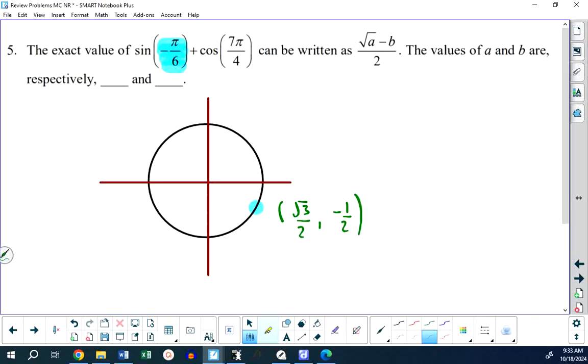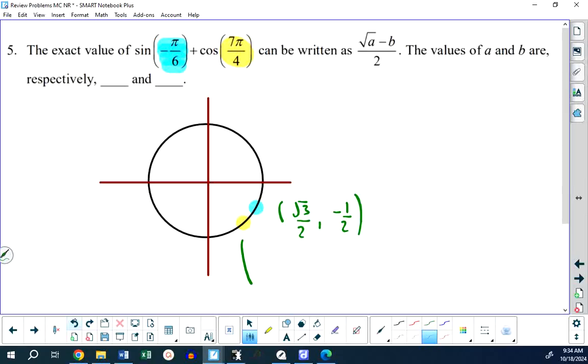7 pi over 4. Pi over 4 is 45 degrees. So 1, 2, 3, 4, 5, 6, 7. 7 pi over 4 is here. And that has coordinates of, now, just before we go on, we are going to be adding these things together, right?